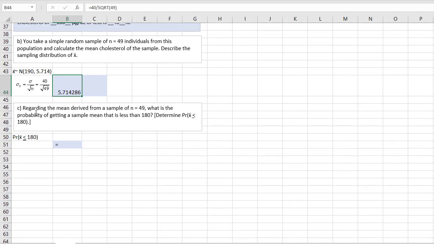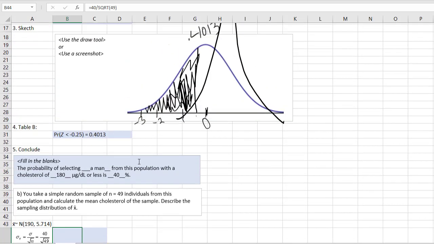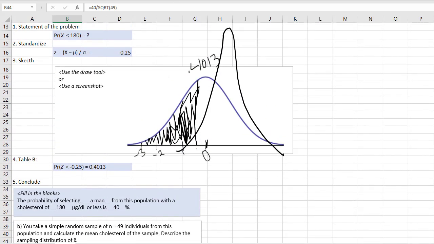Now let's do part C. Regarding the mean derived from a sample of n equals 49, what is the probability of getting a sample mean that is less than 180? So let's just look at this visual here again.